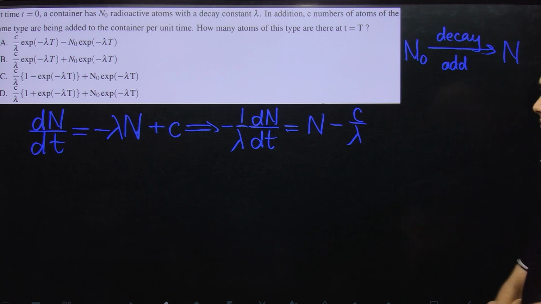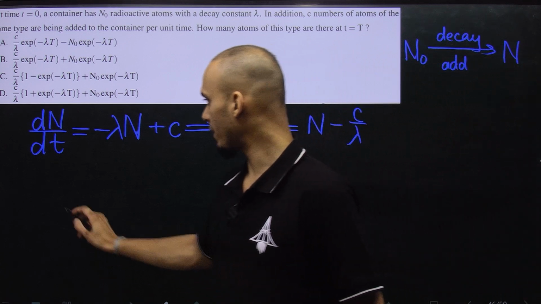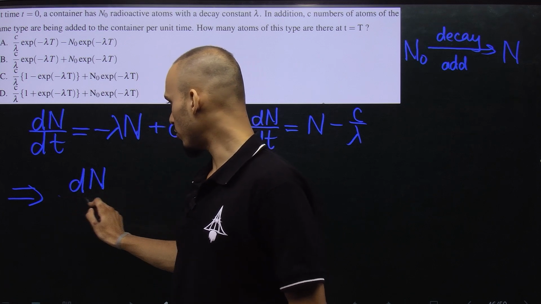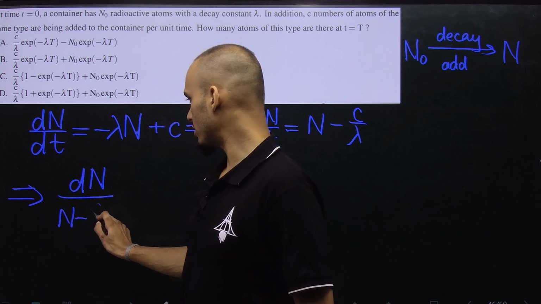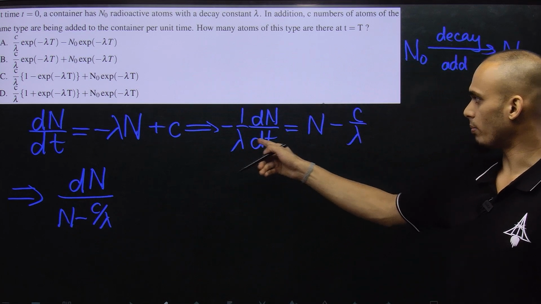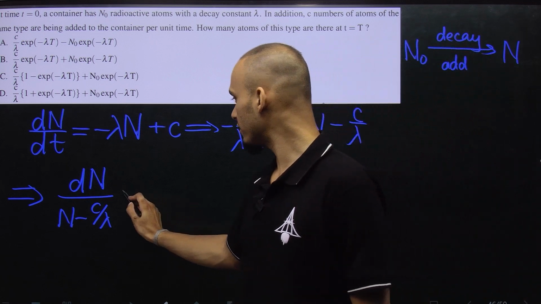Integrating this equation, dN upon N minus C by lambda, we get N minus C by lambda equal to minus lambda into dt.